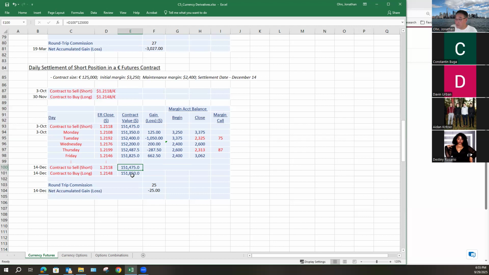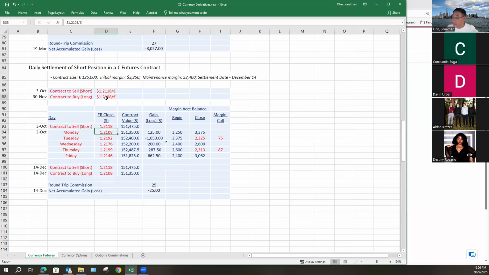And for the long position, I think it is supposed to be 08. Why don't you change this one to 08? That is correct, I believe.